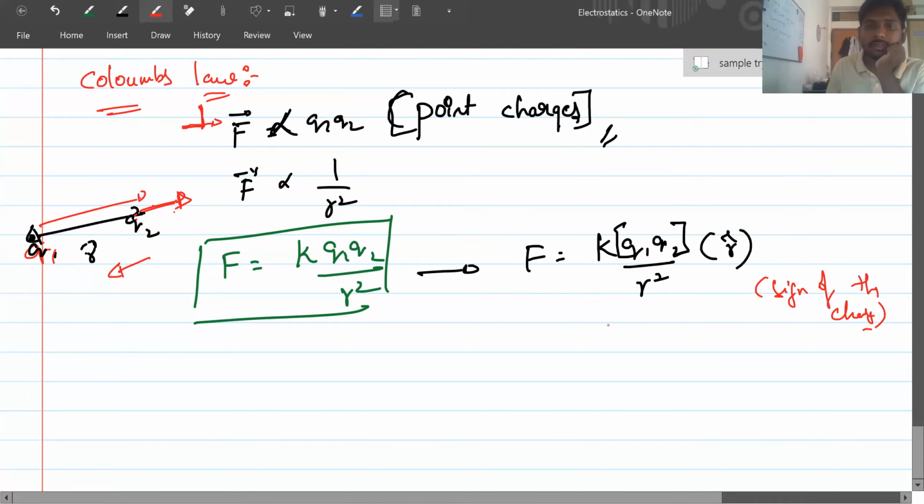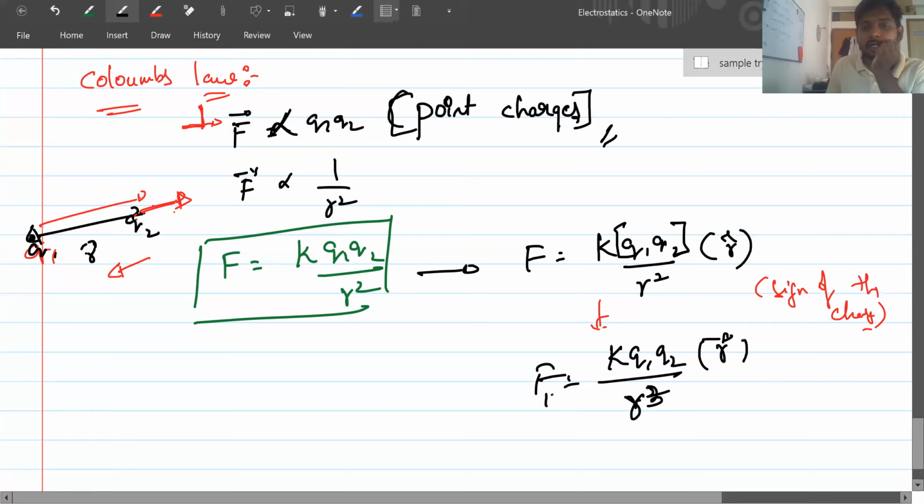In vector form, this can also be written as F is equal to K Q1 Q2 by R cube into R vector. Here there will be two kinds of forces: F12, the force on 1 due to 2, and F21, the force on 2 due to 1. They will be opposite to each other.